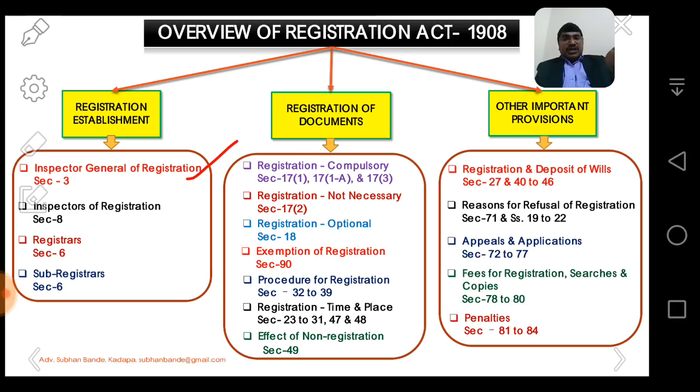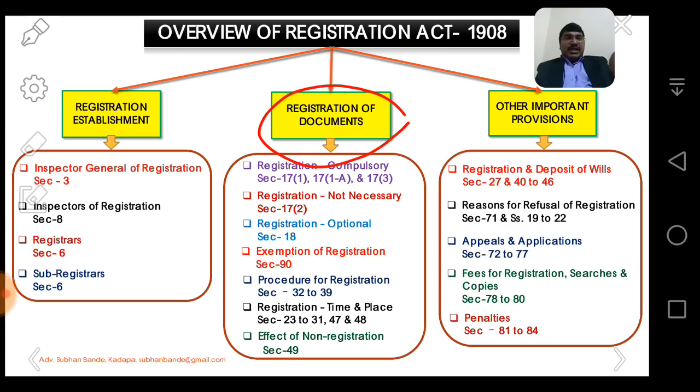The Inspector General of Registration, Inspectors of Registration, Registrars of Registration, Sub-Registrars of Registration, they are the important personnel. This is the hierarchy under Registration Act. This is the registration establishment. In the further slides, I will explain in detail about the registration establishment.